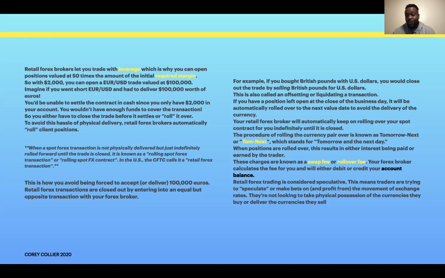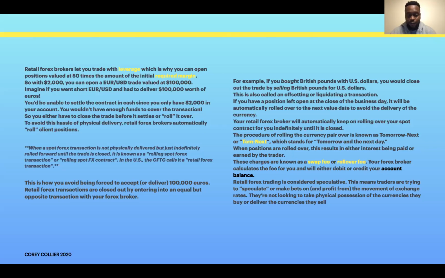To avoid this hassle of physical delivery, though, retail Forex brokers automatically roll their clients' positions. When a spot Forex transaction is not physically delivered, but just indefinitely rolled forward until the trade is closed, it's known as a rolling spot Forex transaction or a rolling spot Forex contract. It's important to note that in the United States, the CFTC calls it a retail Forex transaction.